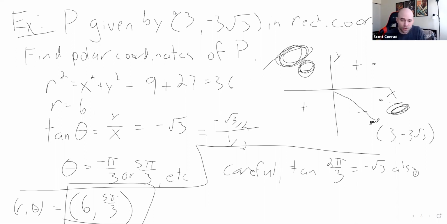We know our point in rectangular coordinates is 3, negative 3 root 3, right? So x is positive, y is negative. So we lie in this quadrant here. Make sense? Okay, I've already spent too long on that.